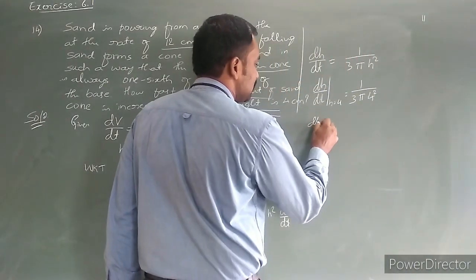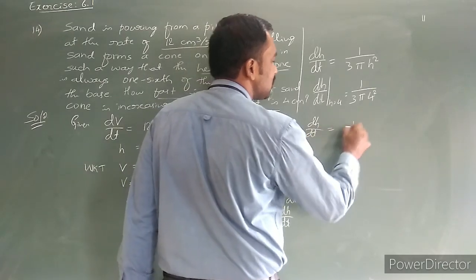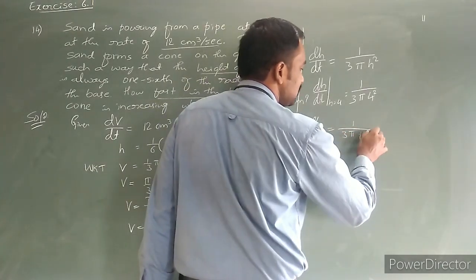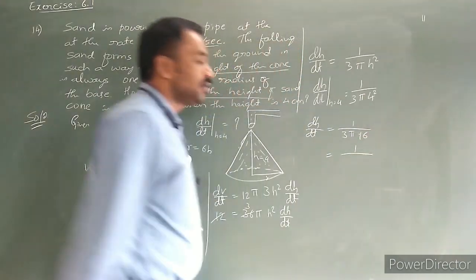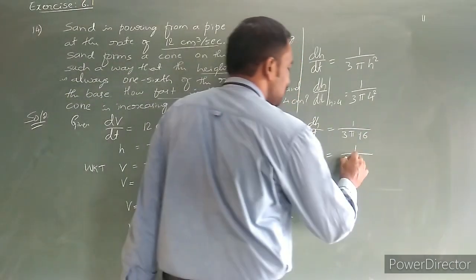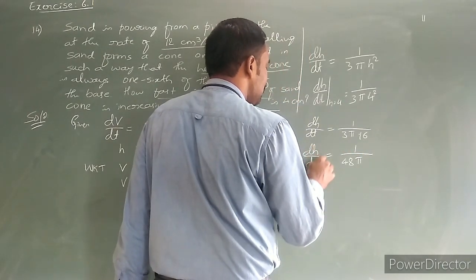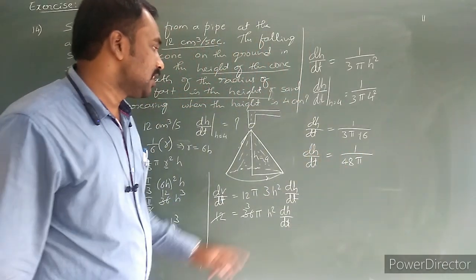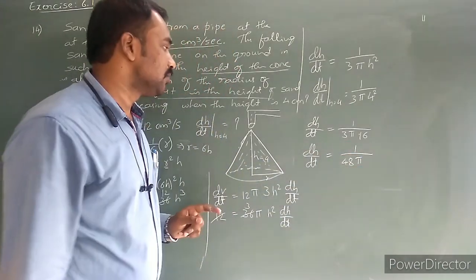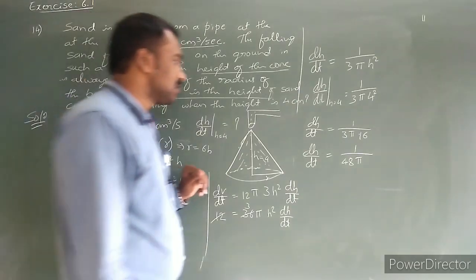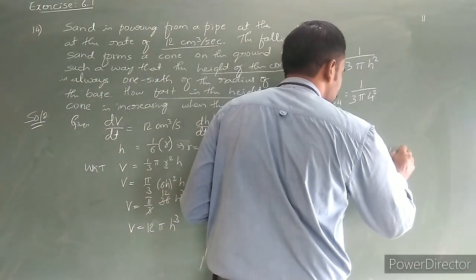Simplify: dh by dt is 1 divided by 3 pi into 16. 16 3s are 48. So dh by dt is equal to 1 by 48 pi. What is the unit? The unit is centimeter per second.